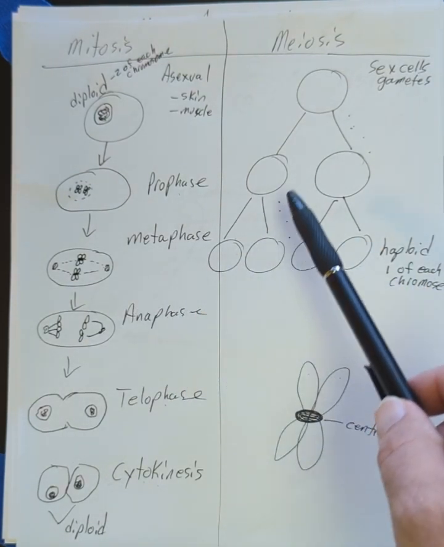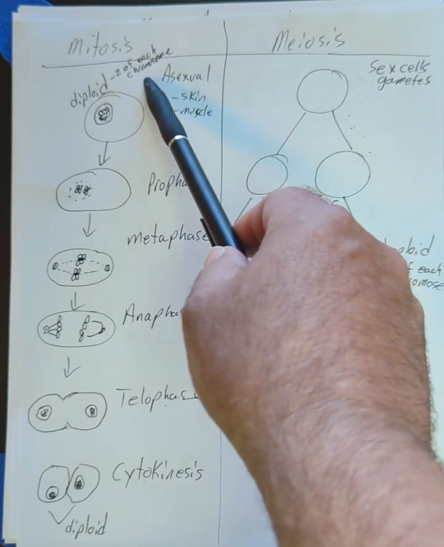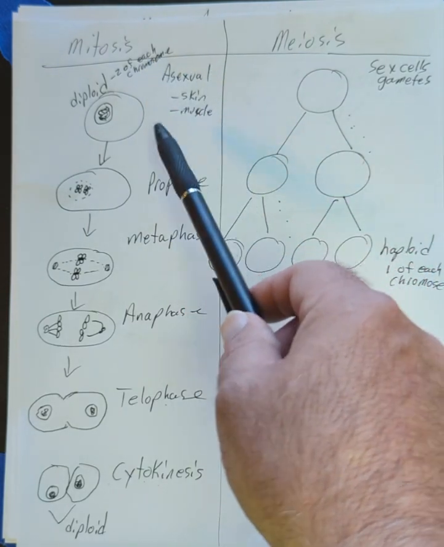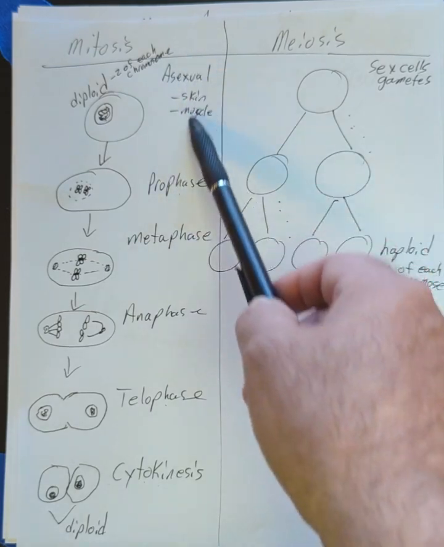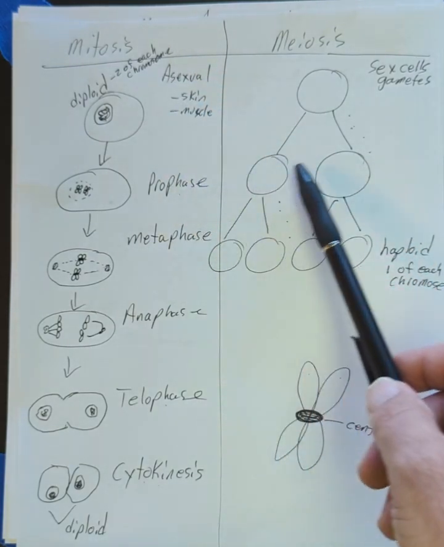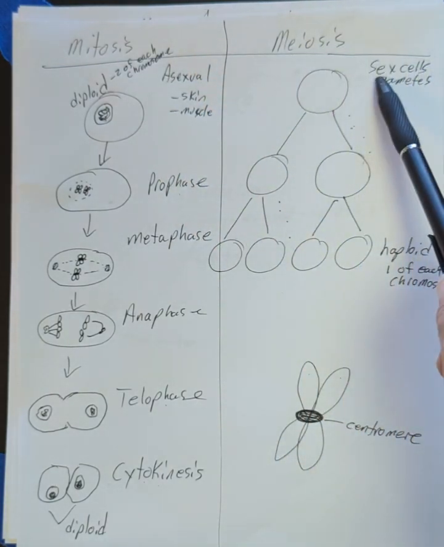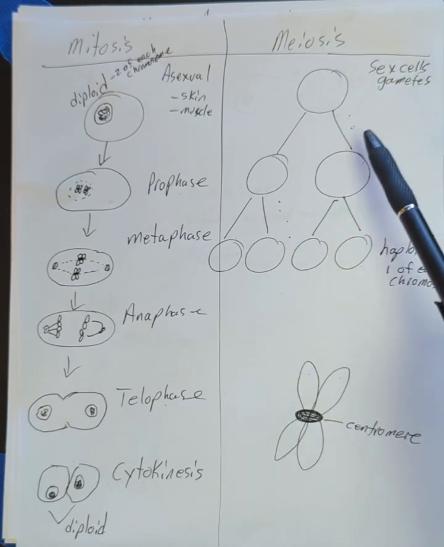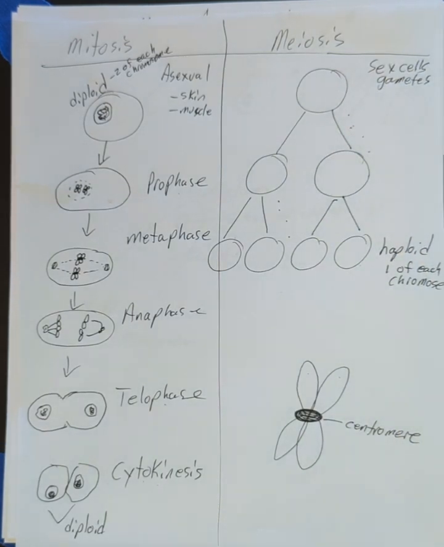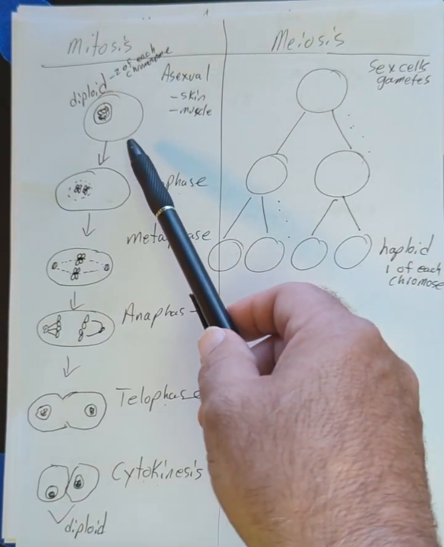All right. Mitosis is asexual. So this is how your skin cells, muscle cells, liver cells, eyeball cells reproduce, is mitosis. Meiosis is going to produce your sex cells, also known as your gametes. So sperm, eggs, pollen, ovules, all that stuff.